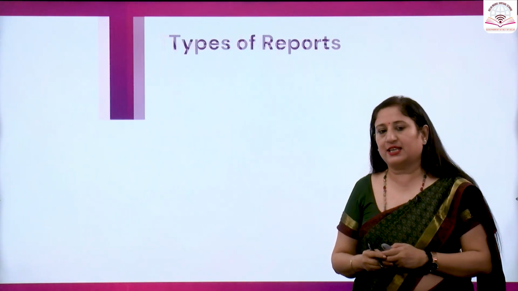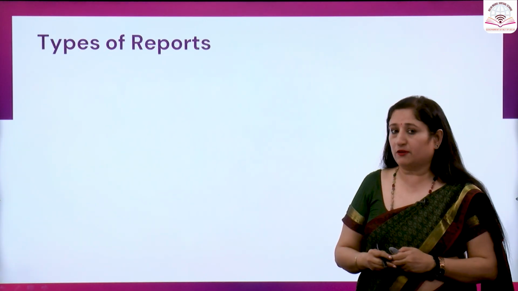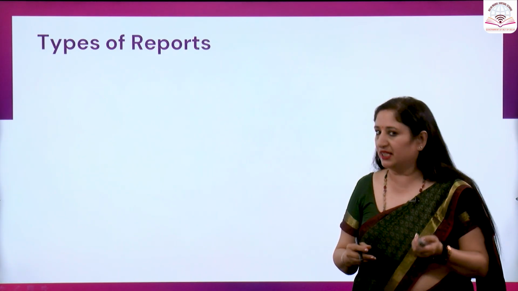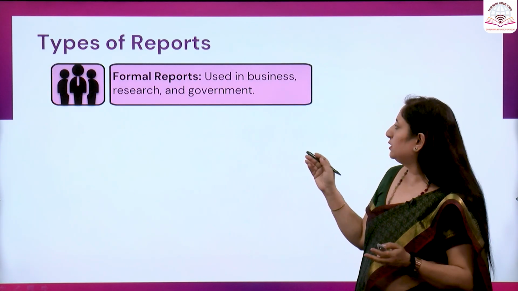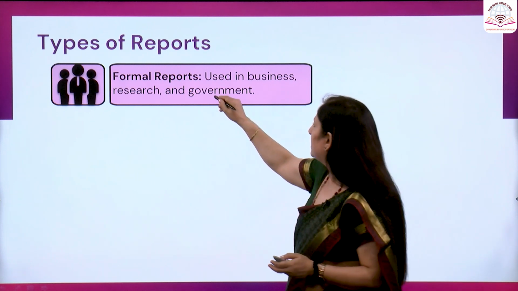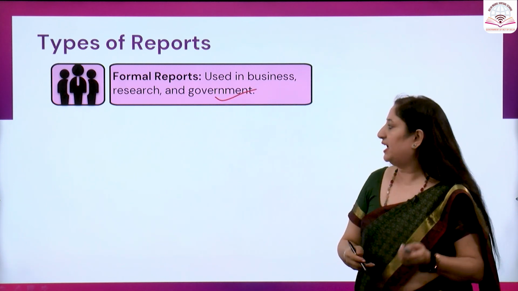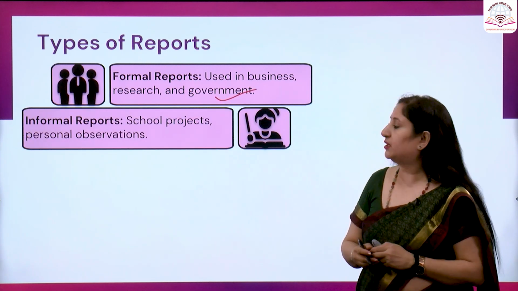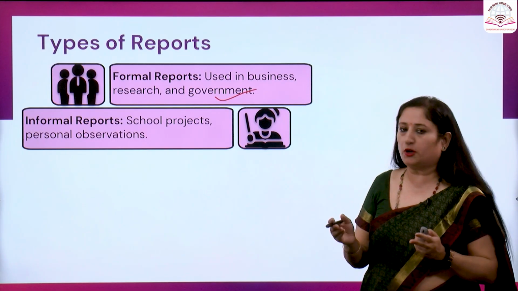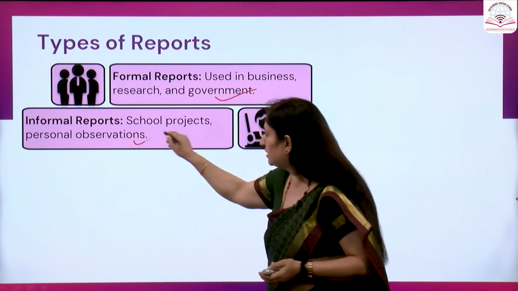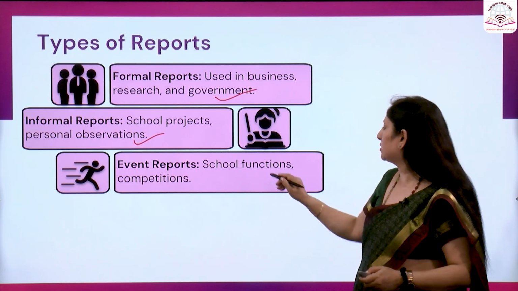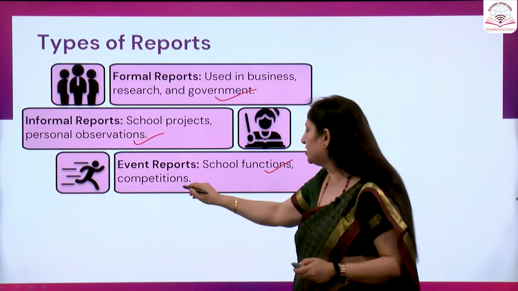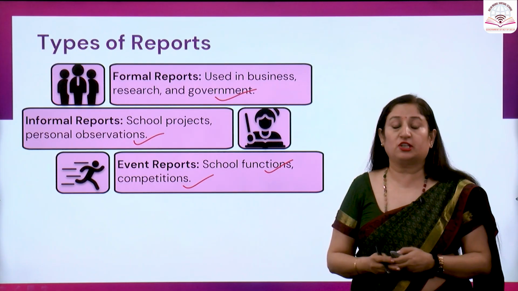It's time for us now to know the types of reports that we are going to see in this video, and they are formal reports. They are used in business, research and government purposes. When we talk about informal reports, they are for school projects or some personal observations. Event reports cover school functions or competitions like a dance competition or your annual day.